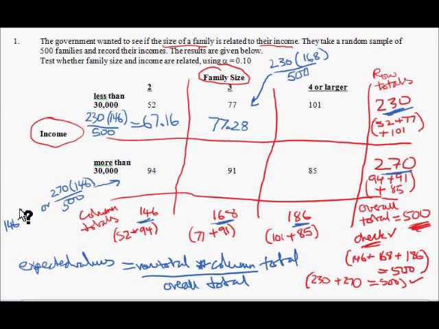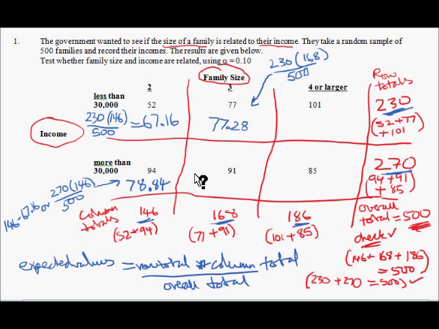Either way should get me the same answer. So here it's probably easier with subtraction. 146 minus 67.16 is 77.84. And you probably should check to make sure those are the same, but they will be the same. Probably good to not just take my word for it, try it yourself.